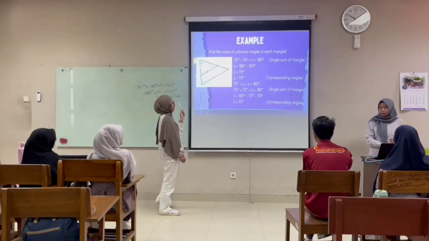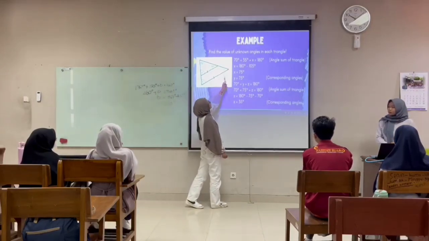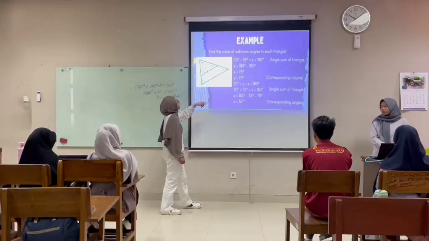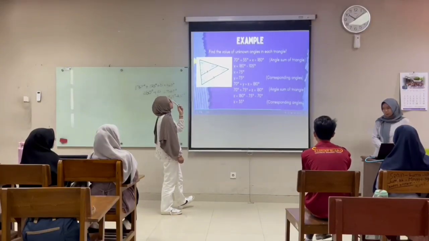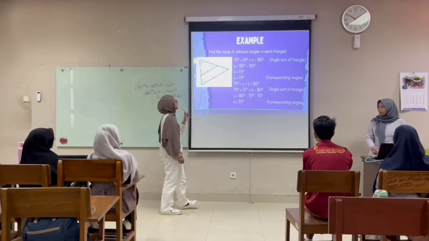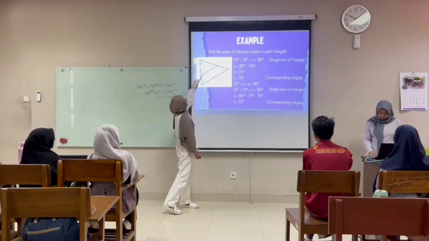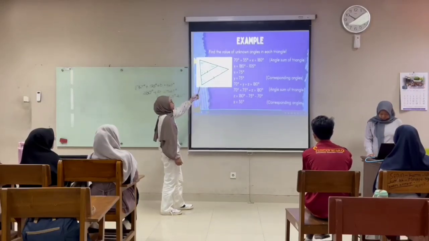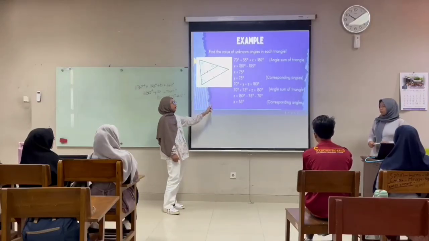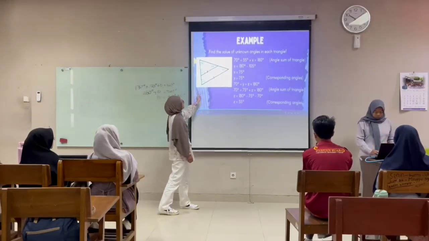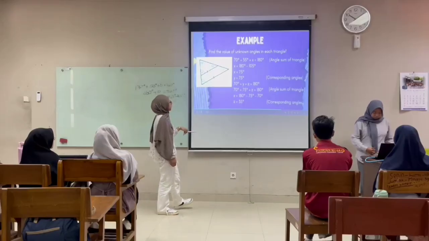So we have the value of X: 180 degrees minus 105 degrees is equal to 75 degrees, because X and Y are corresponding angles. So the value of X and Y is 75 degrees.